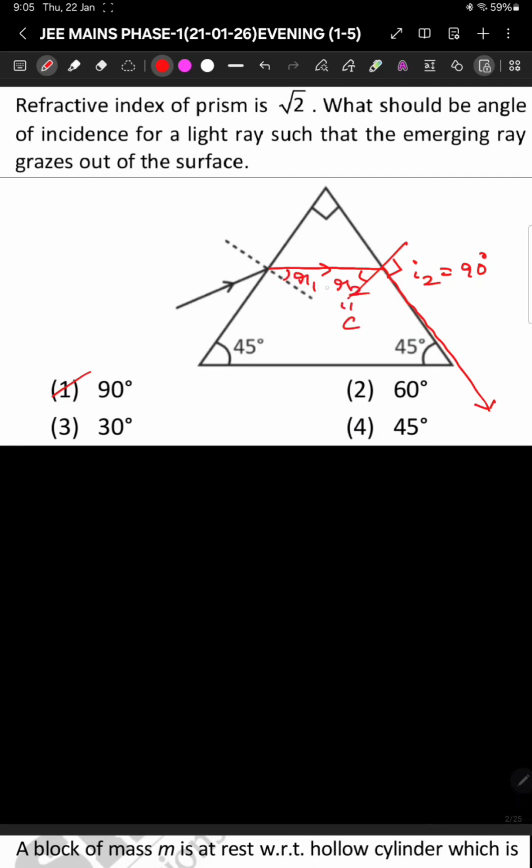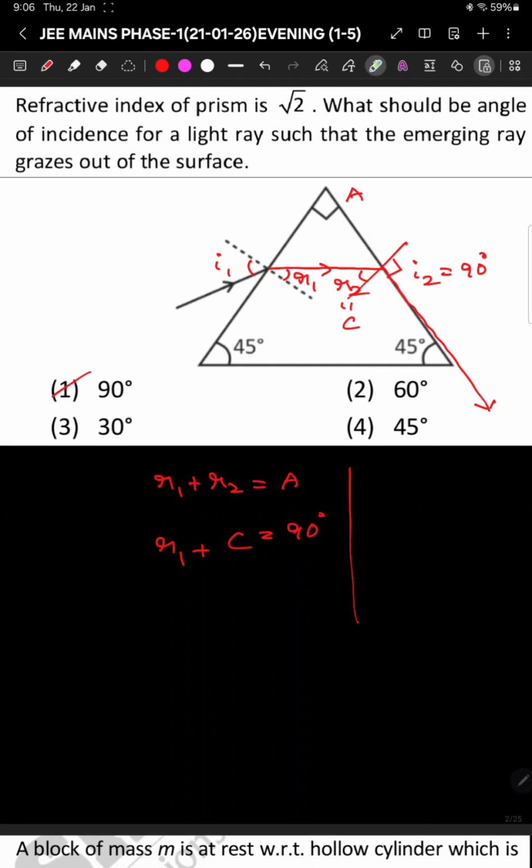So let us name this R1 and this I1. We know the prism rule: R1 plus R2 equal to A. Here the angle of the prism is given as 90. R2 value is given as C, so C plus R1 equals 90. How to find the C value?